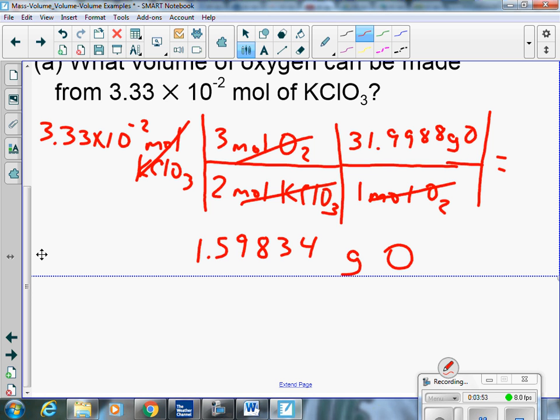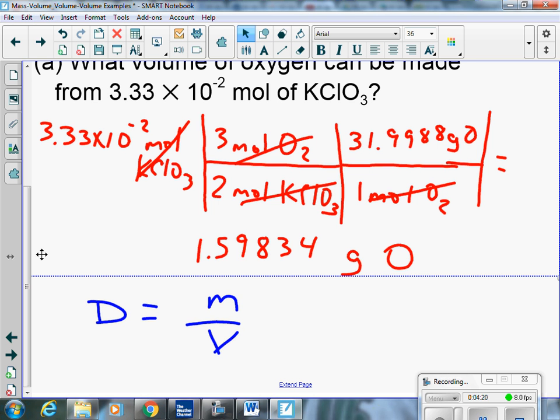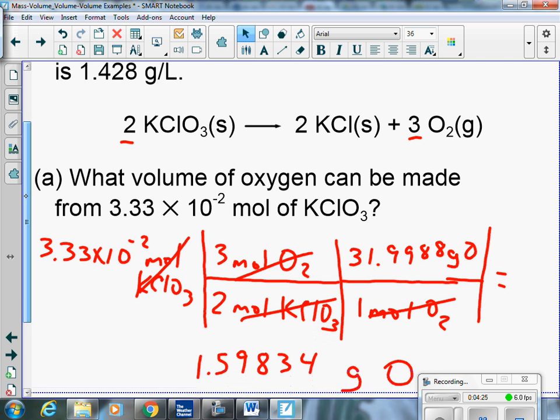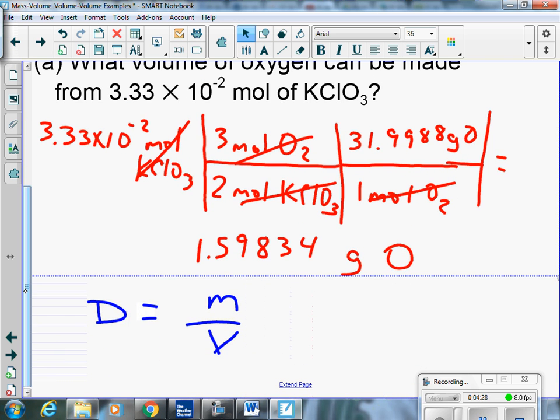Okay, now why did I not sig fig that? Why did I not sig fig that, Graham? Because I'm not done yet. I want volume, not mass, right? Well, I know that density is equal to mass divided by volume, right? I was given a density up here, and that was 1.428 grams per liter.